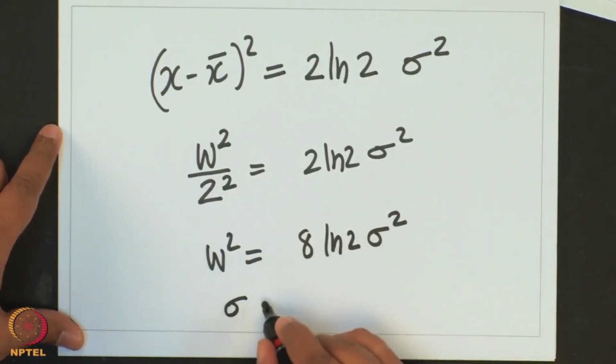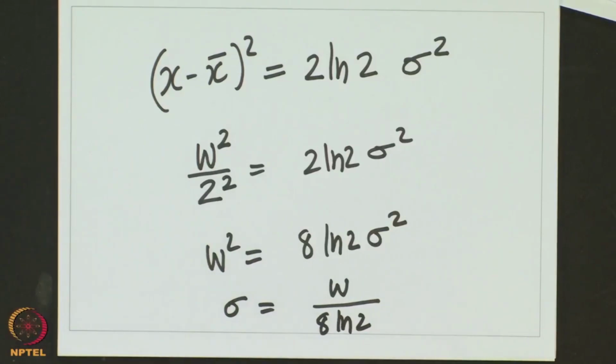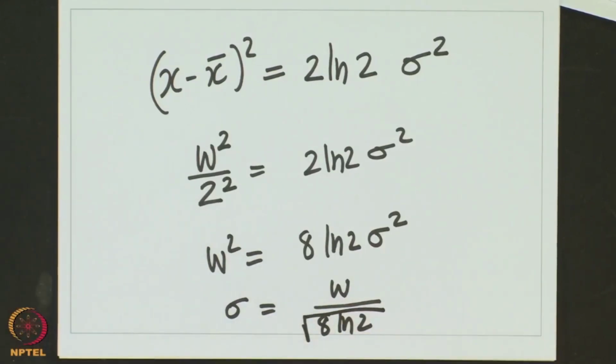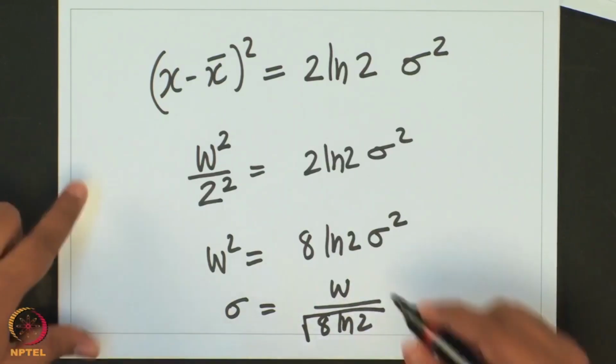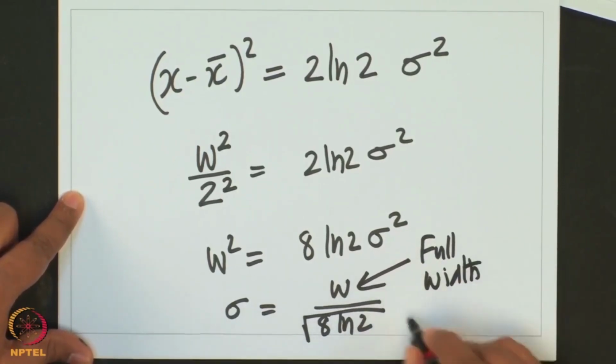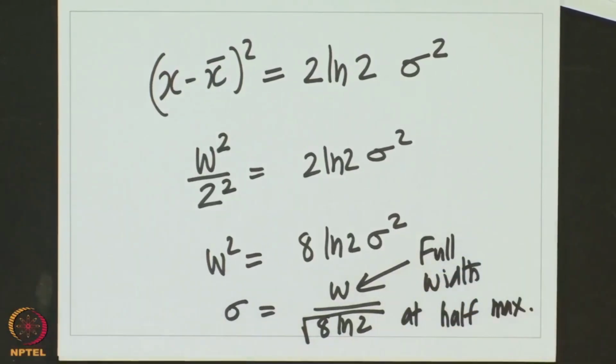In other words, sigma is w by root of 8 log 2. And one can calculate, if I know the full width at half maximum, where w is full width at half maximum, I could get sigma by using this formula.